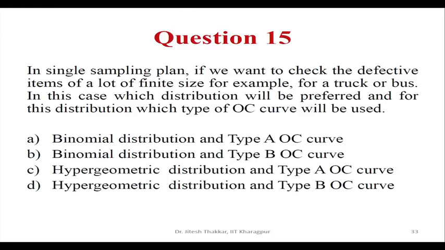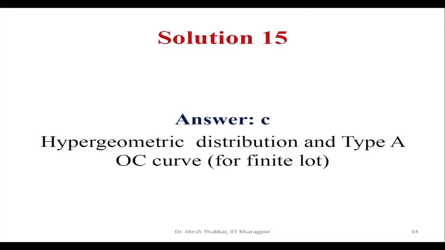Now here you are given the 4 options: A, binomial distribution and type A OC curve, B, binomial distribution and type B OC curve, C, hypergeometric distribution and type A OC curve, and D, hypergeometric distribution and type B OC curve. The correct answer is C, hypergeometric distribution and type A OC curve, and here it is a case of finite lot.